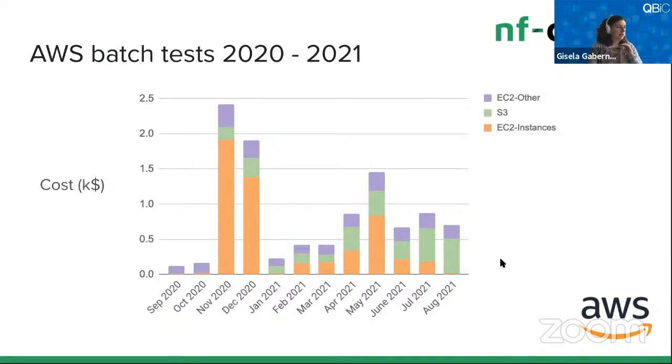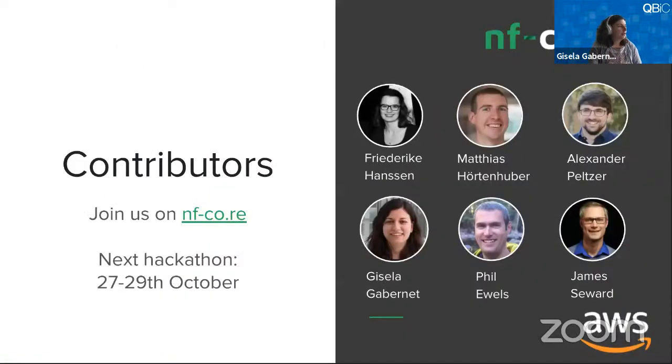Running data on AWS still incurs cost on us, and we are very happy that AWS provided us with a grant so that they cover the costs of these runs for one year up to a limited amount. Those, for example, are the costs that incurred for this test since September 2020, running all of the NFCo pipelines on AWS. And that's basically it.